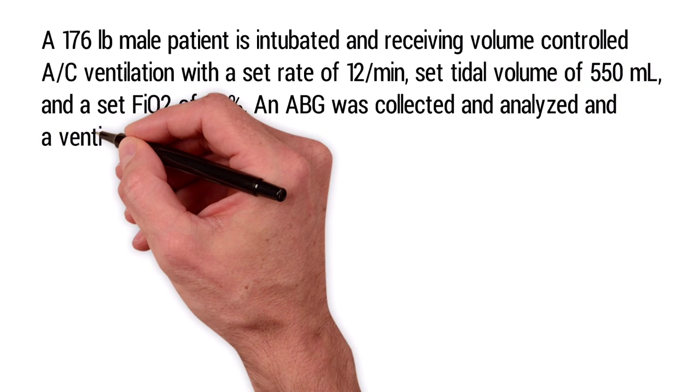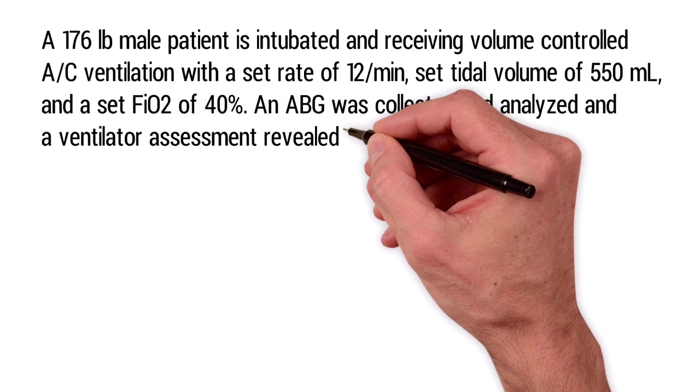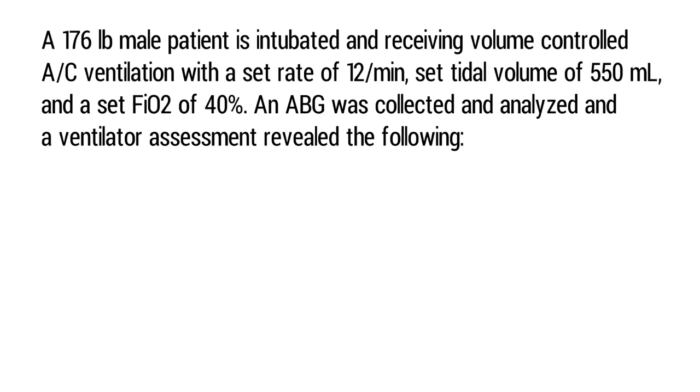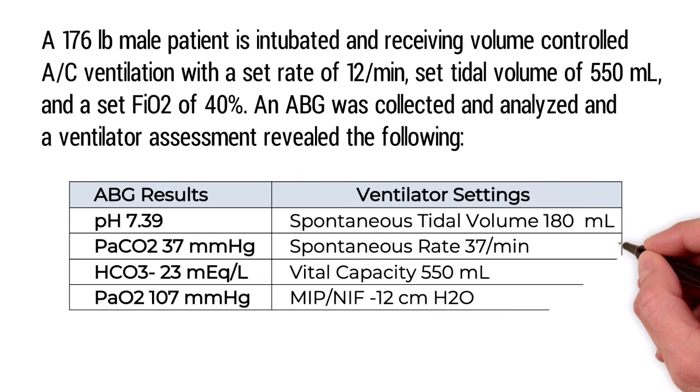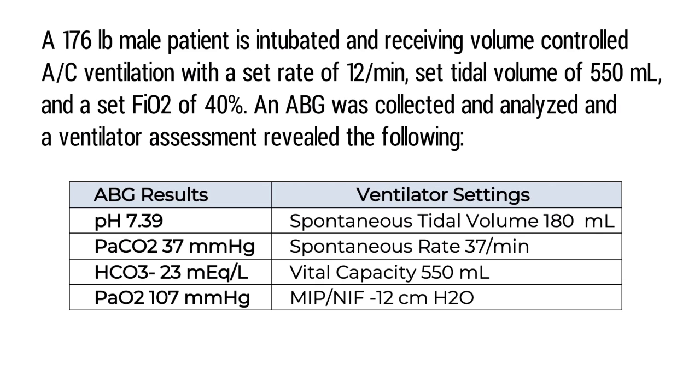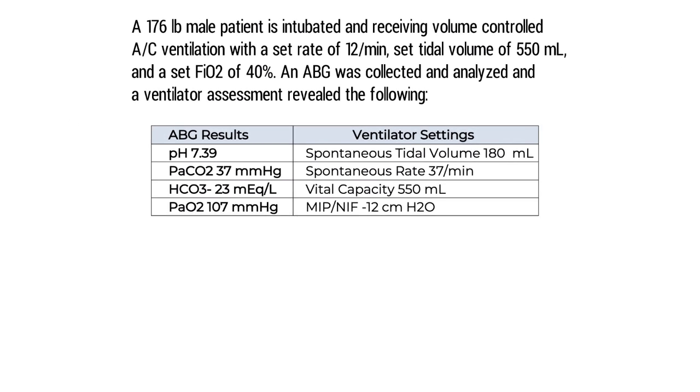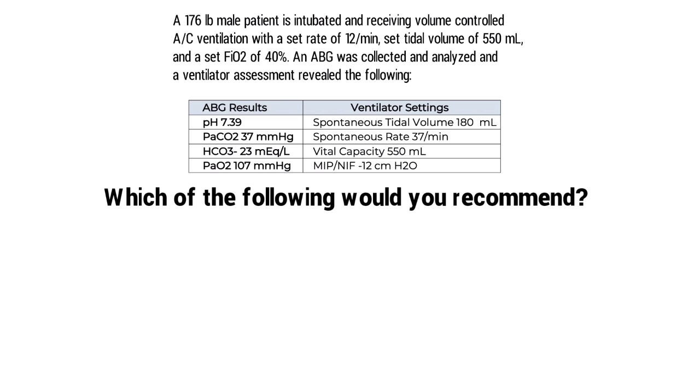An ABG was collected and analyzed, and a ventilator assessment revealed the following: pH of 7.39, PaCO2 of 37, a bicarb of 23, a PaO2 of 107, and the ventilator assessment revealed a spontaneous tidal volume of 180 milliliters, a spontaneous rate of 37 breaths per minute, a vital capacity of 550 milliliters, and a maximum inspiratory pressure of -12. Which of the following would you recommend?